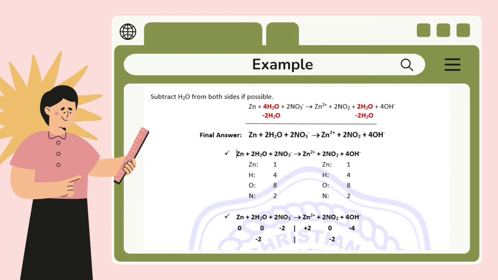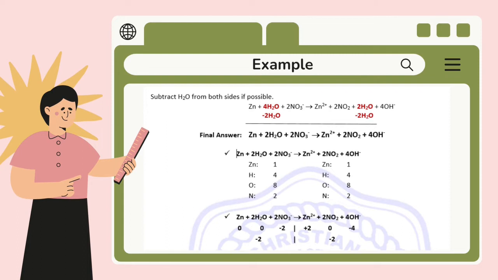So this is balanced already. Next for the nitrogen, as you can see in here, we do have 2 on the left side and 2 as well on the right side. So we can say now that the number of atoms for zinc, hydrogen, oxygen, and nitrogen on the left and right side are balanced already.